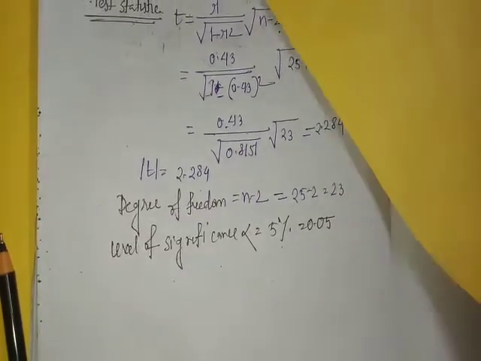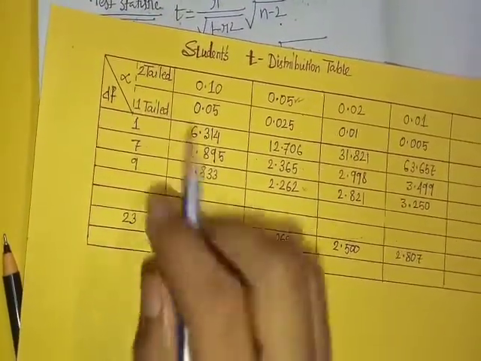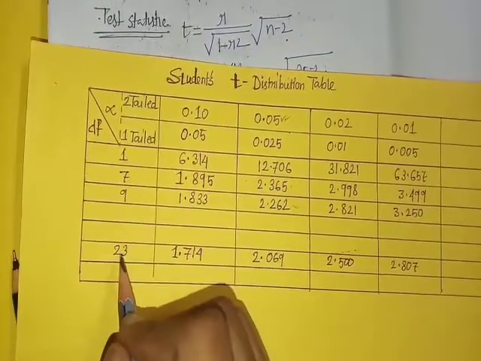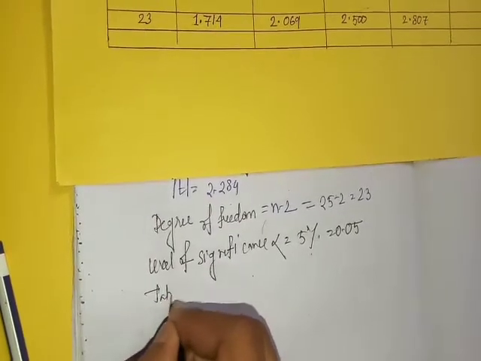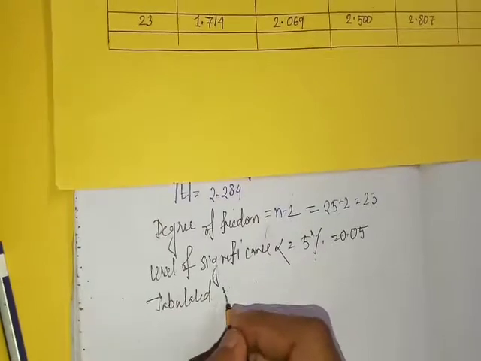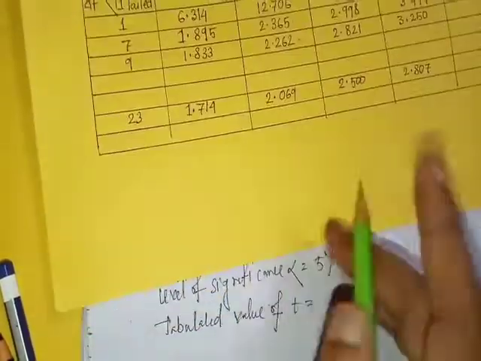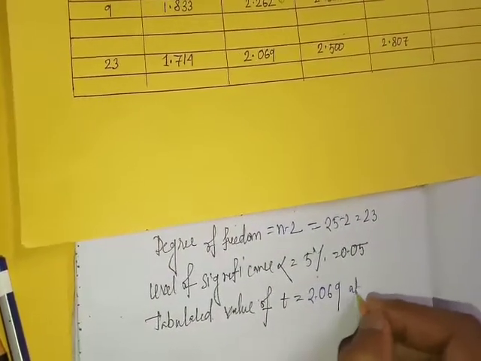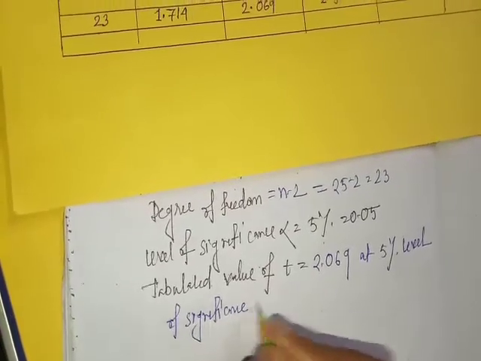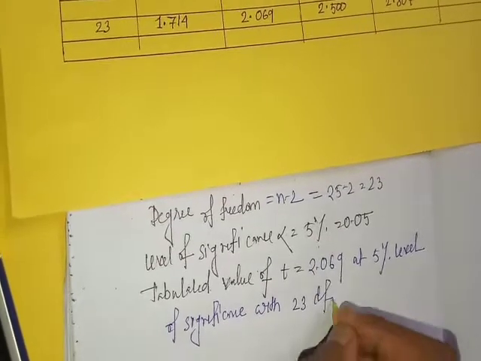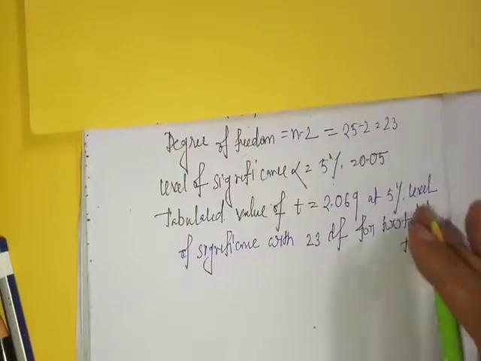The tabulated value of t at 5% level of significance with 23 degrees of freedom is 2.069, for a two-tailed test.